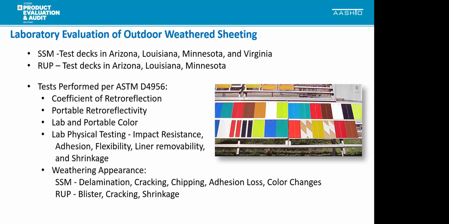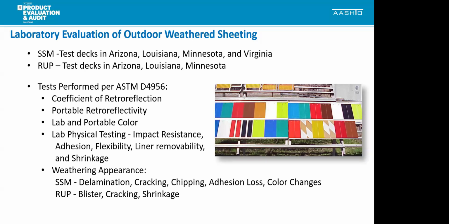The manufacturers actually seal the edges on those signs to prevent damage from water infiltration. And I think that's similar to how the finished signs would actually be prepared. And we send, just like Jim does, we send the panels out to the various test racks for field weathering.